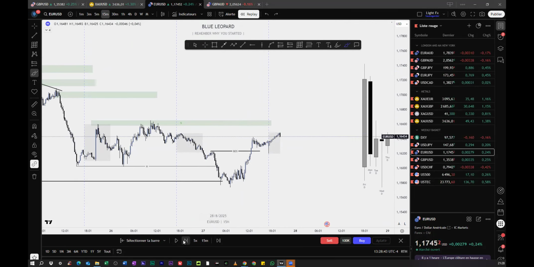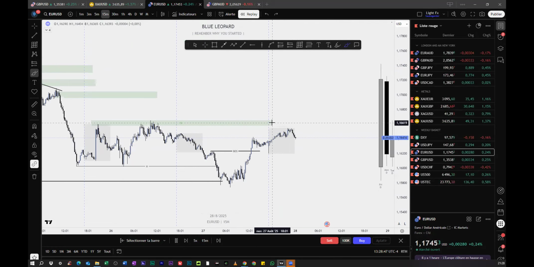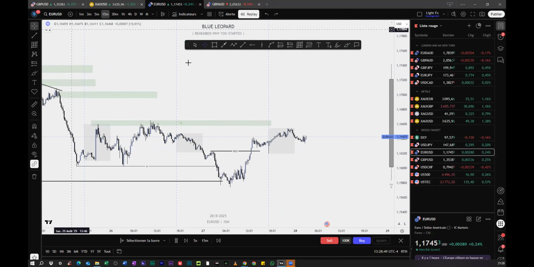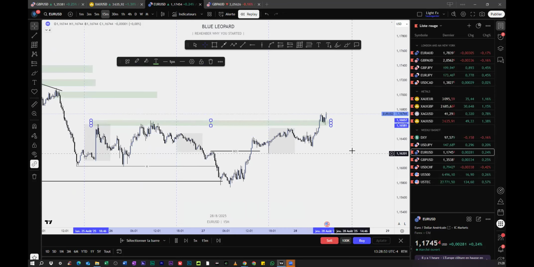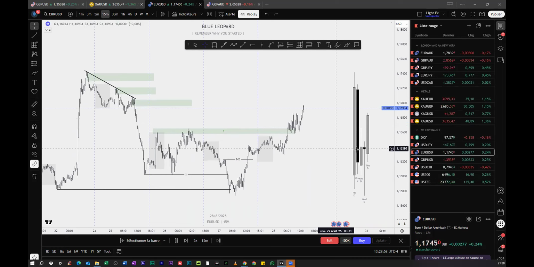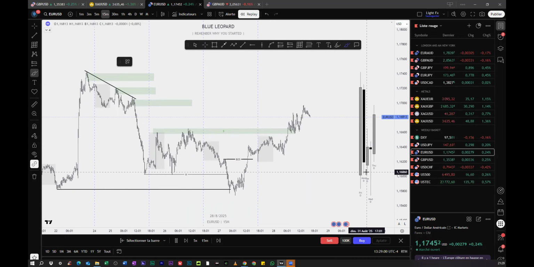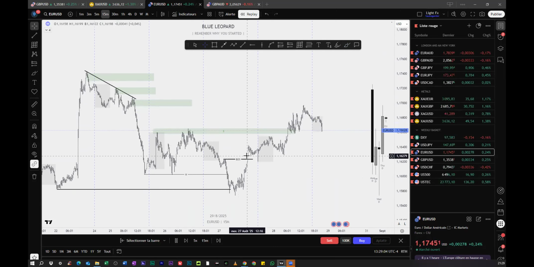What did price do? It continued higher. We target what? We target this one here. We continue higher and we continue higher. So every time you see something happen on a higher time frame like this, go on a lower time frame so you can catch your trade.